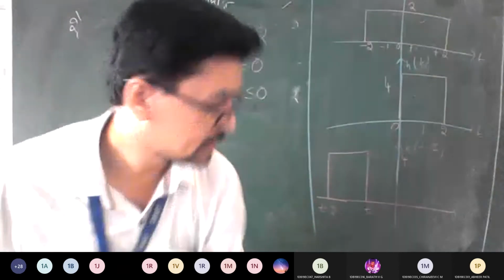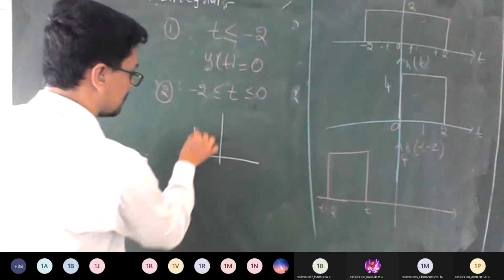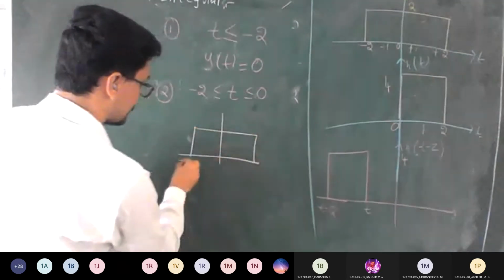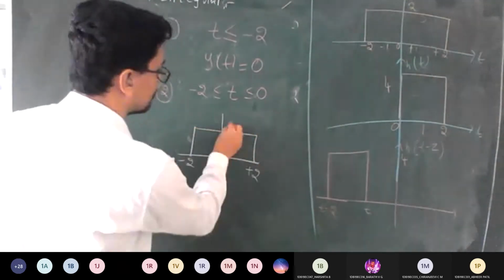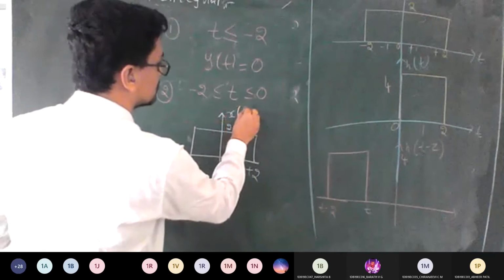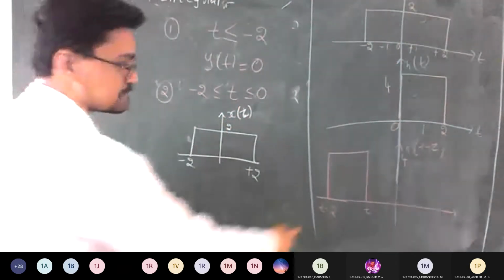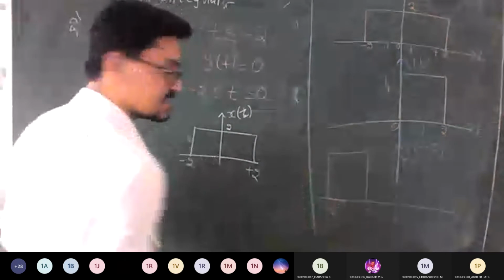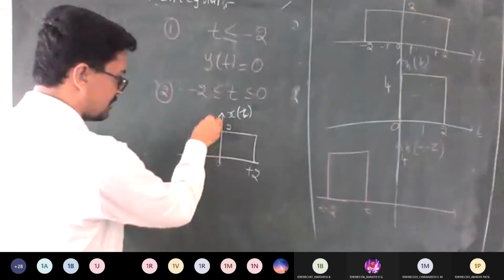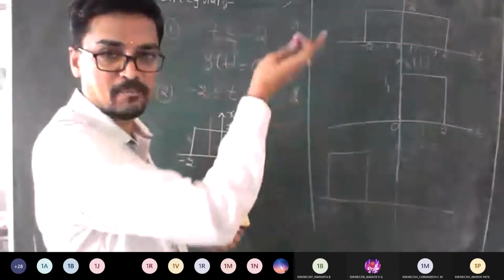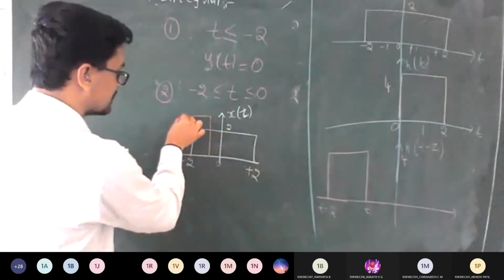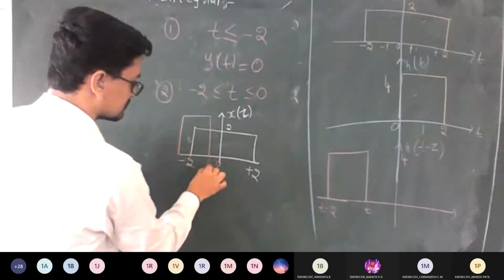Now I will just show one example. Take x of t with amplitude of 2. This will overlap with h, whose amplitude is 4, so obviously the signal will go above this.